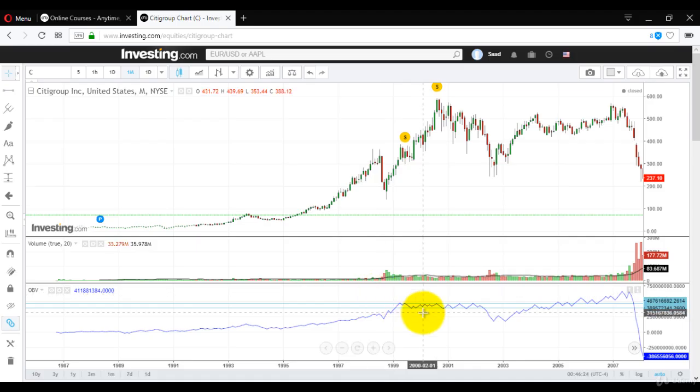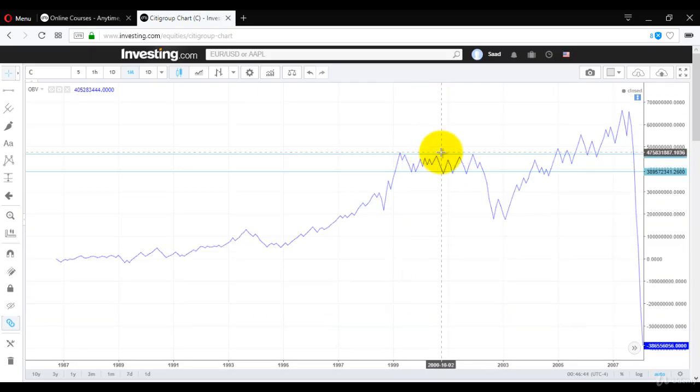But right here the price is rising, but the OBV is not rising. Why? From here, this is the highest point in OBV, then it dipped, the price dipped, then it rose up, but the price rose up huge, but the OBV didn't even cross its previous high right here.